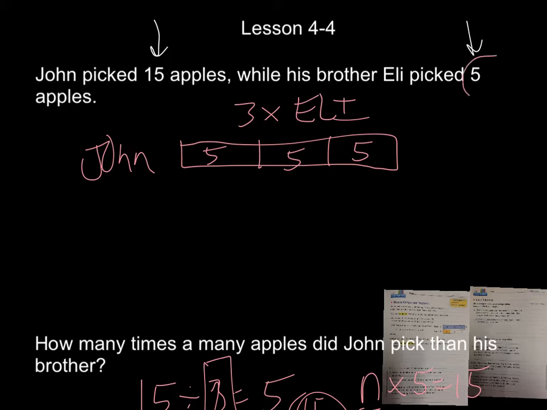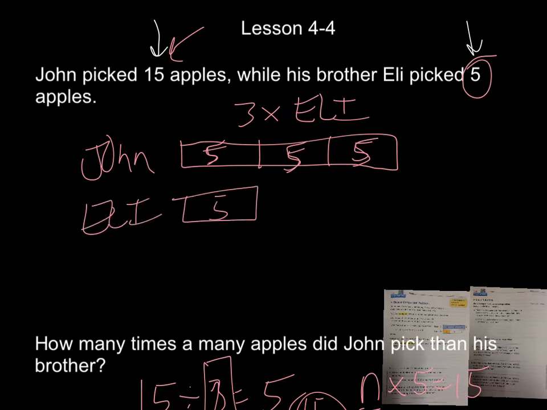And 3 times Eli, and Eli picked 5. So here are his 3 times, to give you 15. And then Eli just had 5. So 1 box times 3 would give you 3 boxes of 15. This would be 1, then you have another, then you have another.